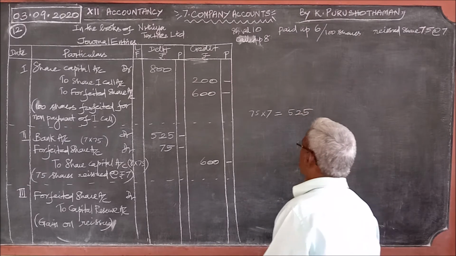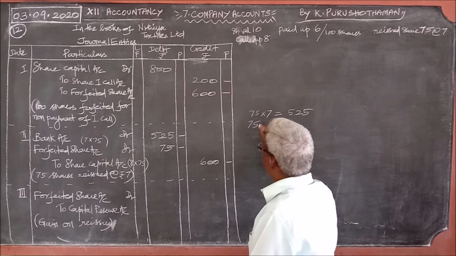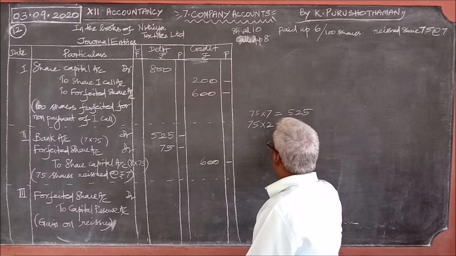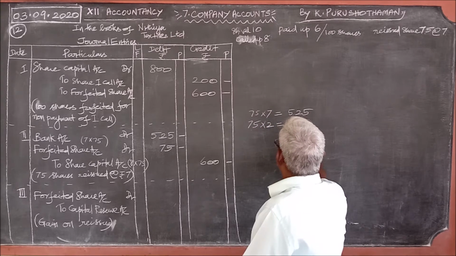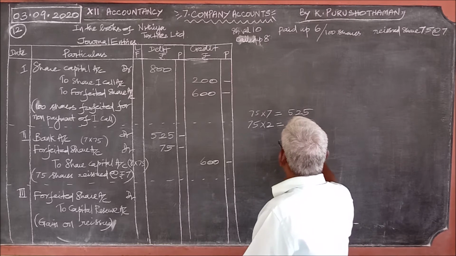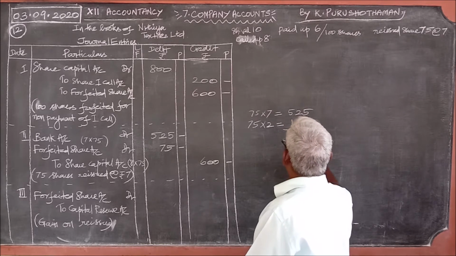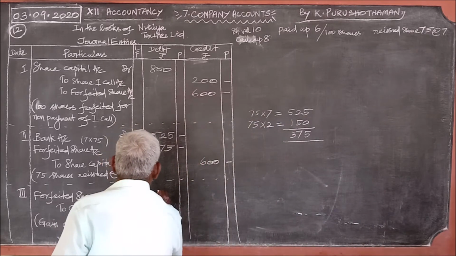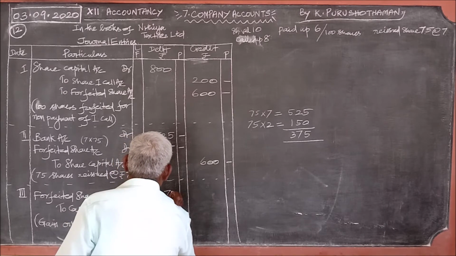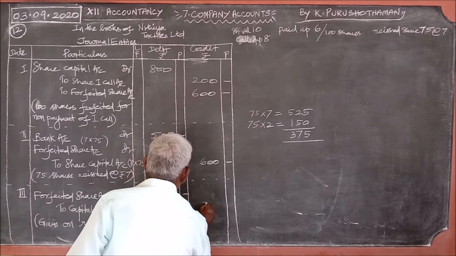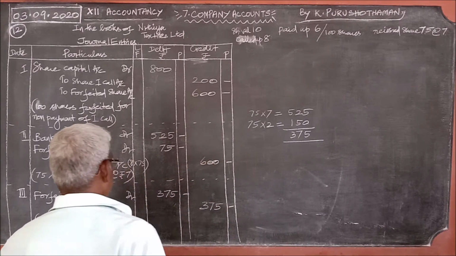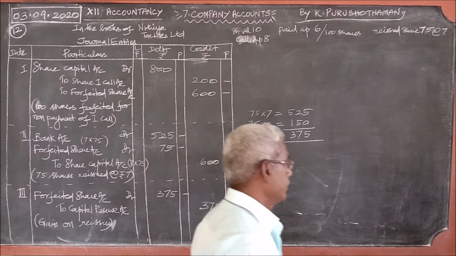For the same 75 shares, the amount pending at the rate of 2 into 75 is 150. So 375 rupees as a gain.